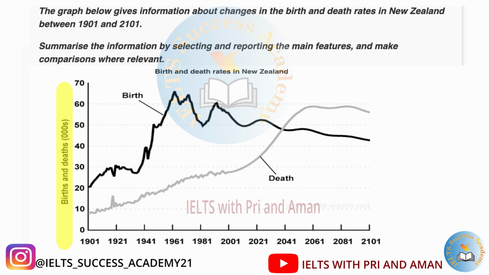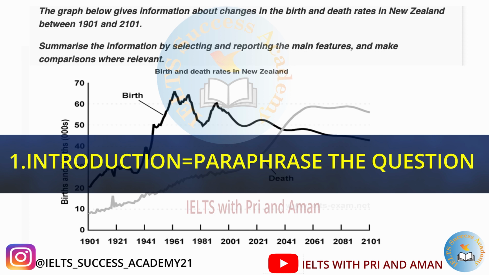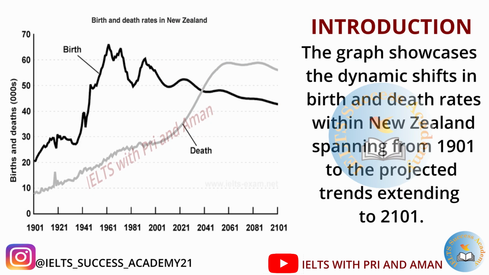Okay, so let's begin. Firstly we have to paraphrase the topic. What is the main introductory statement? The graph showcases the dynamic shift in birth and death rates within New Zealand spanning from 1901 to the projected trends extending to 2101, because we are projecting the future.